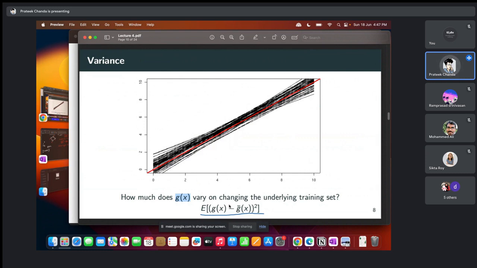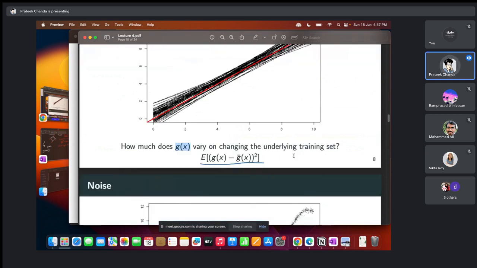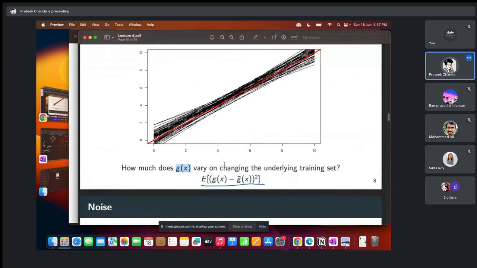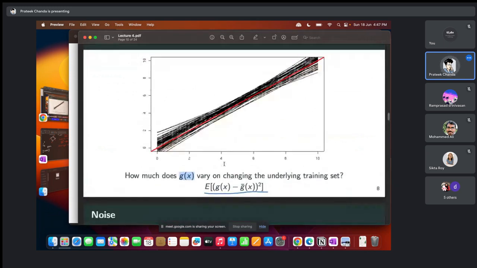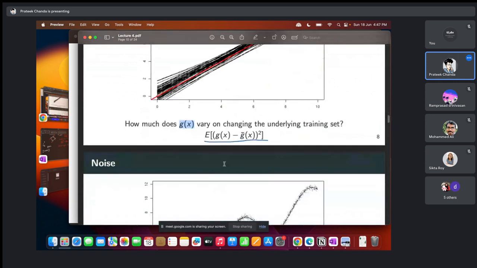This expression is the variance expression: the expectation of (x minus the expectation of x) whole squared is the variance of x. In this case, it's the variance of the estimator, the variance of g(x).